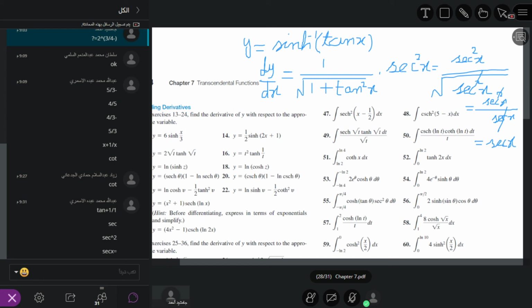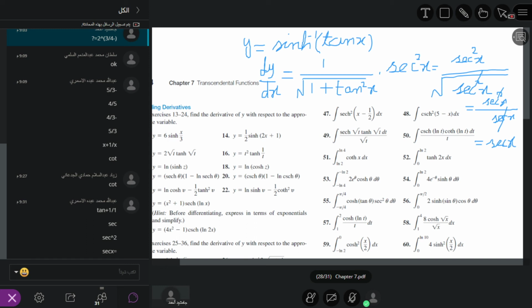We use the definition of the derivative of sine hyperbolic inverse x, which is 1 divided by square root of 1 plus x square, dot the derivative of tan x, which is sec square x.